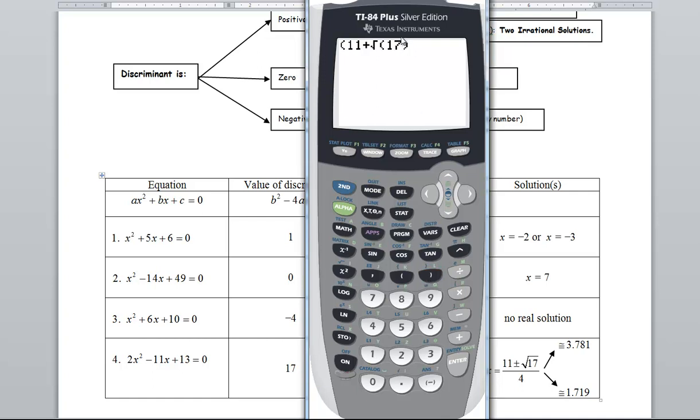Now, I had to end the parentheses here with the 17 to tell the calculator that this is under the radical, but I need another parenthesis to tell the calculator this is my numerator. However many left-handed parentheses you have, that's how many right-handed parentheses you need. So let me divide by 4. There's my 3.7801 if I round to the third decimal place.